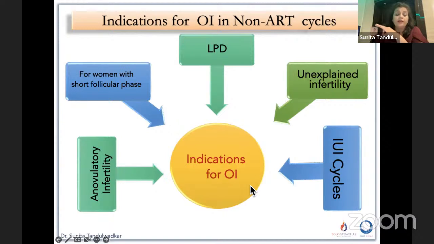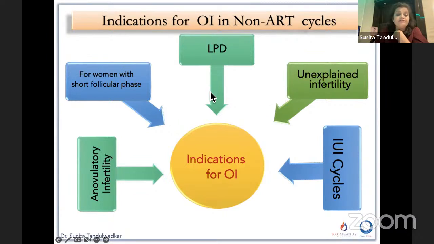Don't plan IUI with the natural cycle, because IUI should be planned as near to the ovulation as possible, and in a natural cycle, it's very difficult to predict unless you are doing very close monitoring of LH levels. So any patient who needs an IUI, I have to stimulate. Unexplained infertility, maybe it is a subtle follicular or luteal phase imbalance, and that's why it is unexplained.